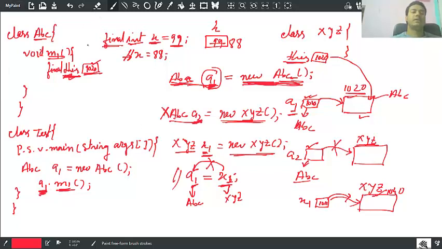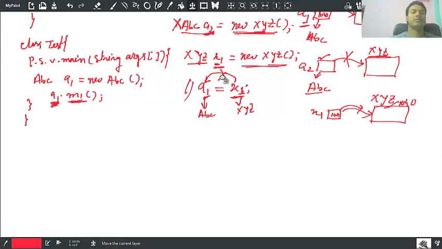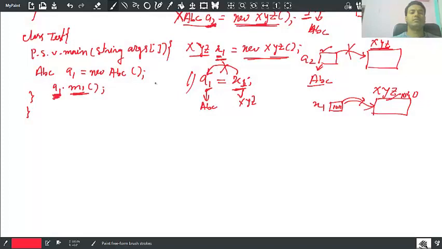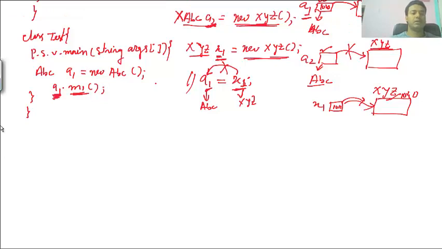Now if I take another example, say you have one more class XYZ, and in that you have void M2 function.